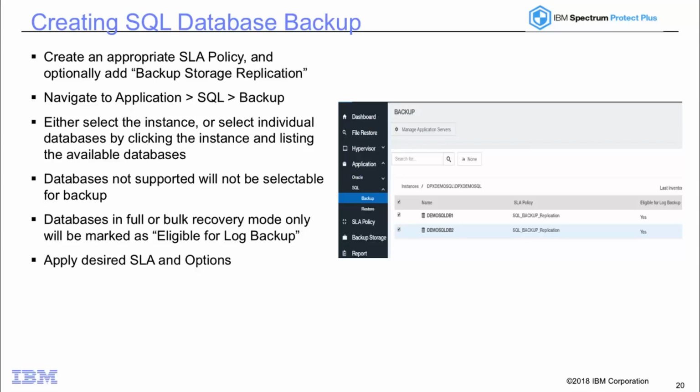If a database is not supported, it won't be selectable. And you can also see that if your database is in full or bulk recovery mode, you'll also be able to back up the logs. You'll see eligible for log backup is yes. Obviously, if it's in simple mode, then it will not show that there. And then next you apply the desired SLA and options.